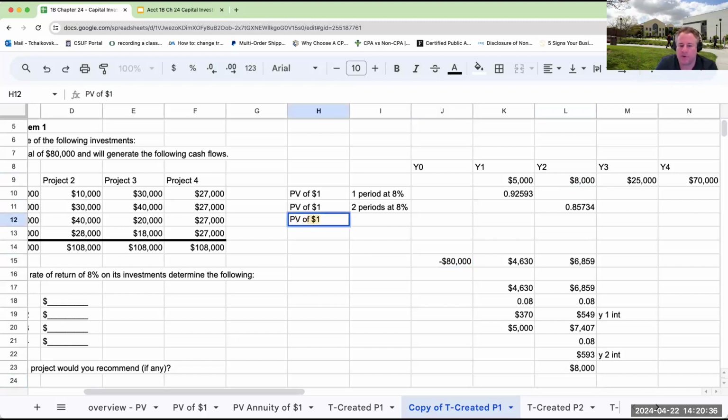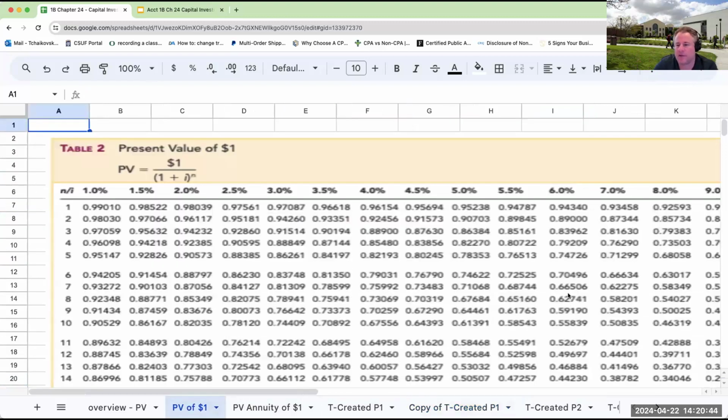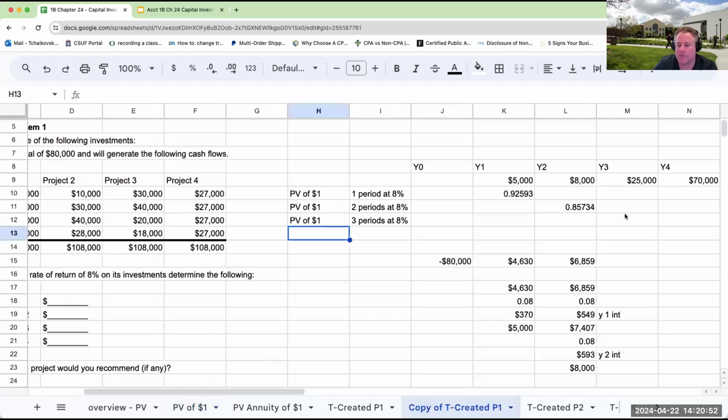Present value of $1. And this is going to be 3 periods at 8%. So coming over here, 3 periods at 8% is 0.79383. Sounds like I'm calling out a bingo. Okay.